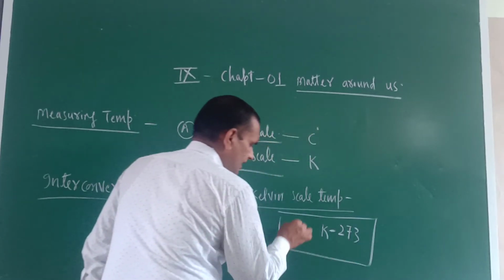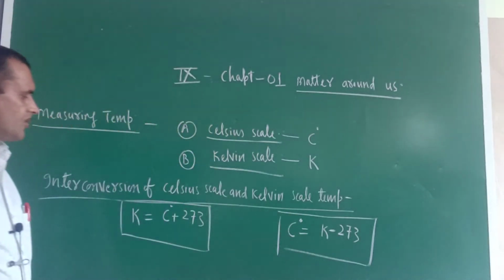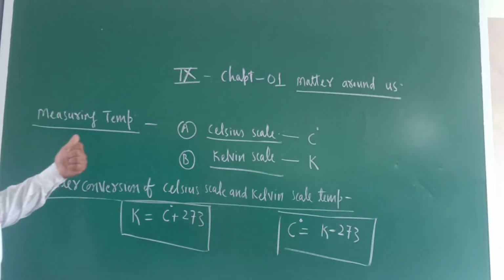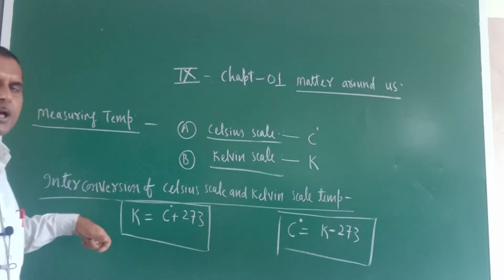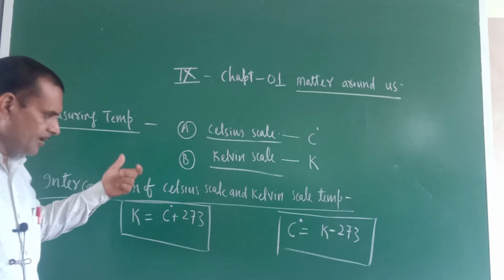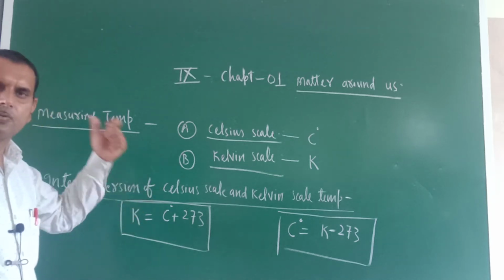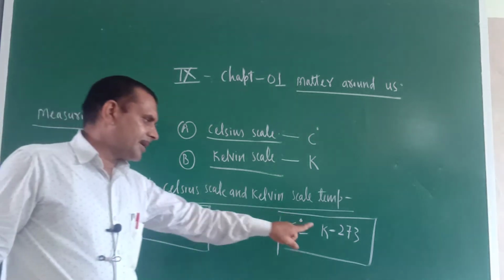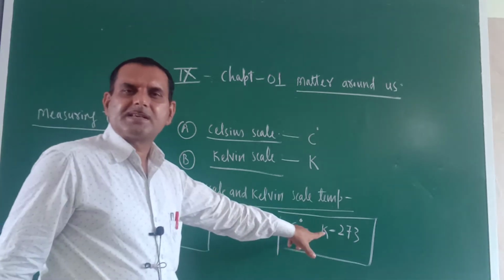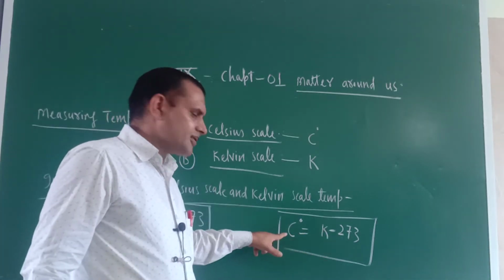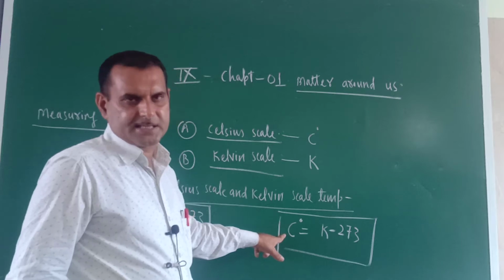So now this is the formula, and I hope that you are understanding. If you are not understanding, we'll give you some examples, then you will come to know. Means if the Kelvin temperature is given, 273 should be subtracted from it, so you will get the degree Celsius temperature.